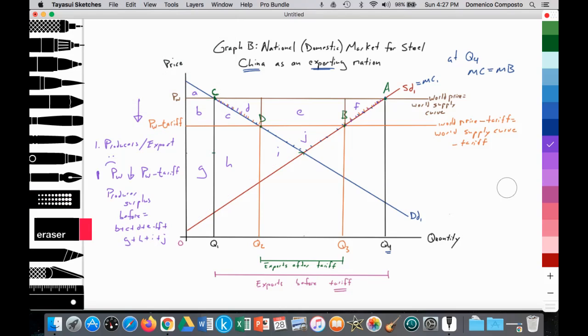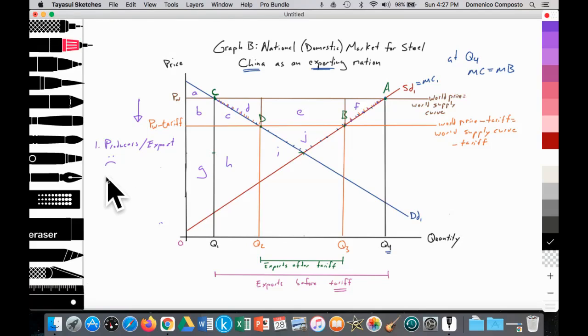Total revenue before, and then total revenue after. So total revenue 1 was the amount of revenue being gained by the firm before the tariff, which was PW, price at world, multiplied by Q4. This large rectangular area here.